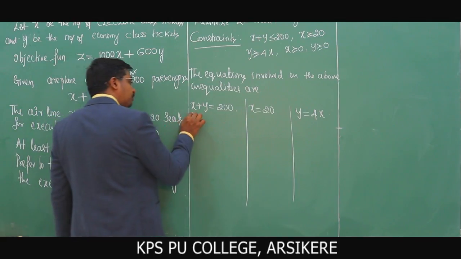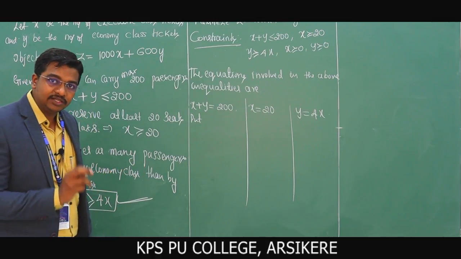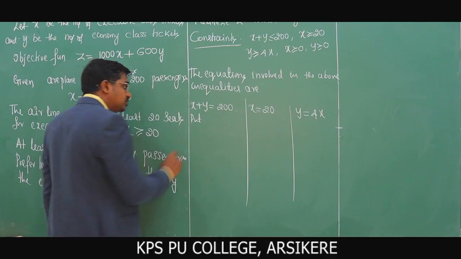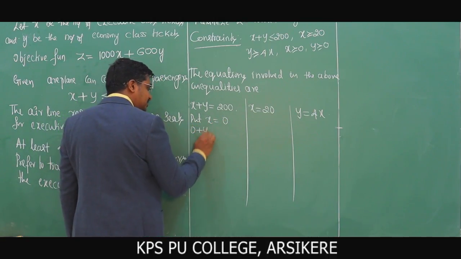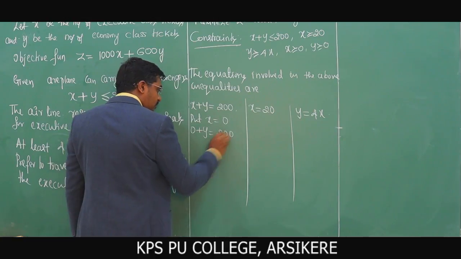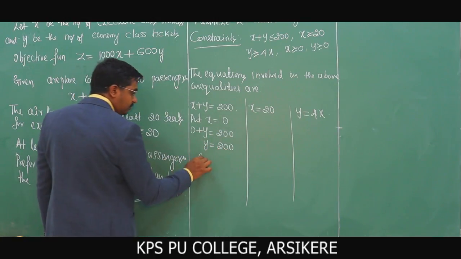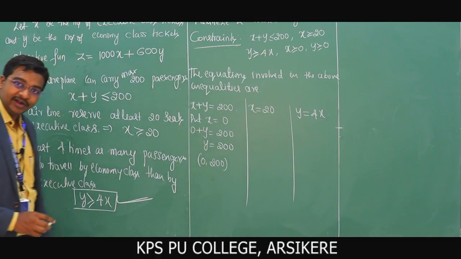For the first one, find the point of intersection of the line x plus y is equal to 200 on the y axis. Substitute x is equal to 0. That becomes 0 plus y is equal to 200. So y is equal to 200, and the corresponding point is 0 comma 200.